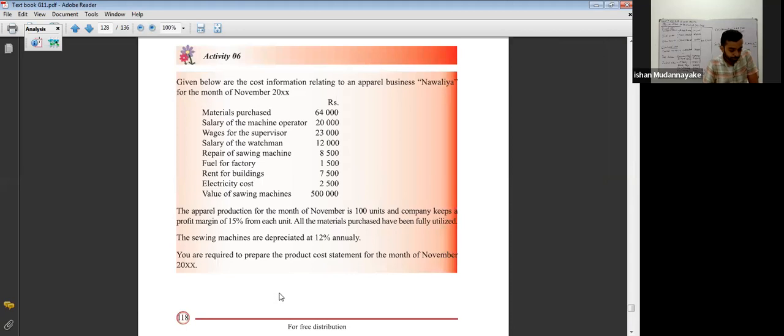You need to prepare the production cost statement for the month of November. And here you can see the sewing machine depreciation rate is 12% annually. Depreciation you need to calculate for the month of November. Try to complete this question within 10 minutes.